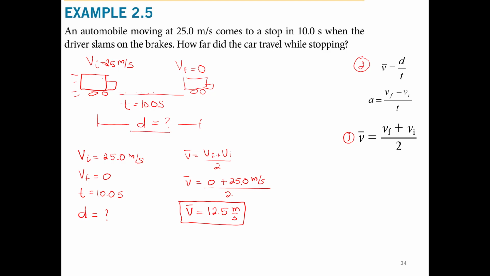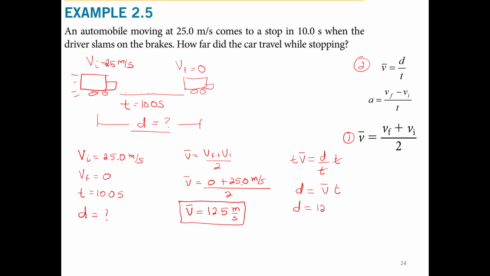This is what we need to calculate, the distance. And we know the average velocity equals distance divided by the time. We need to solve for the distance, so we multiply by time on both sides. Then we have distance equals the average velocity multiplied by the time.